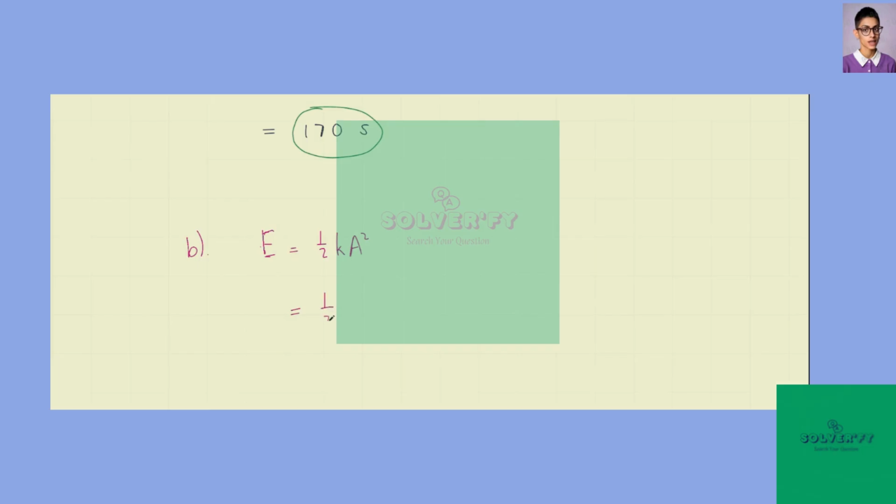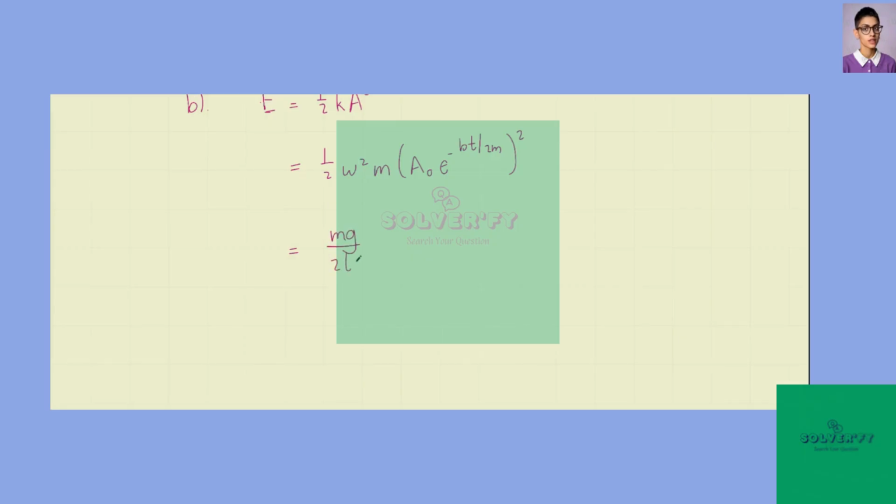And we can write this as a half times omega squared times m, and the amplitude can be written as A0 e to the minus bt over 2m, all squared.